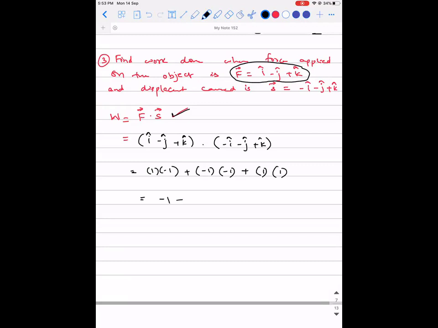So what do you get? Minus 1 plus 1 plus 1. Answer will be 1. Are you able to understand? So work done by this particular force in a three-dimensional space to cause the displacement of this much value in the same three-dimensional space is given as 1 joule.